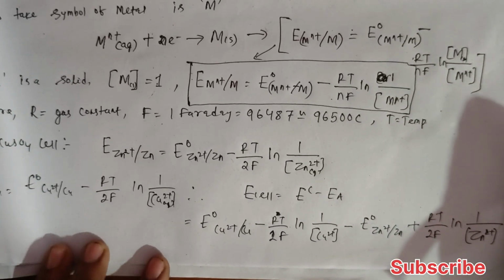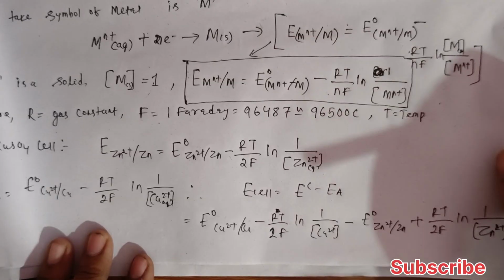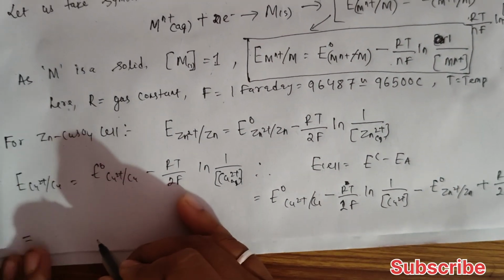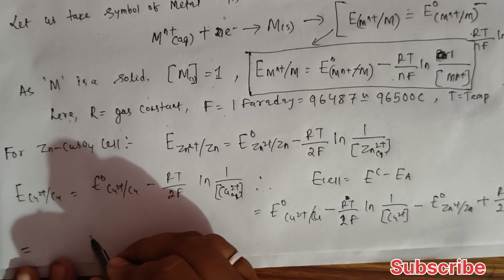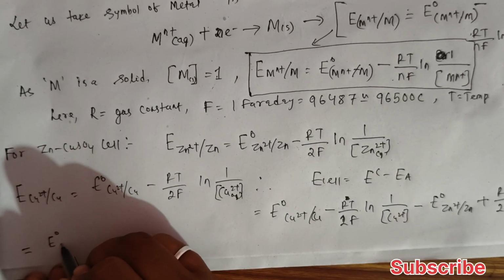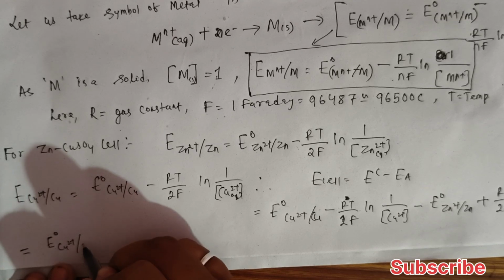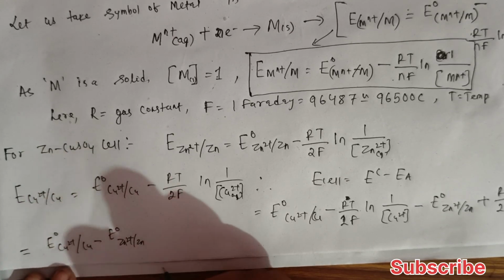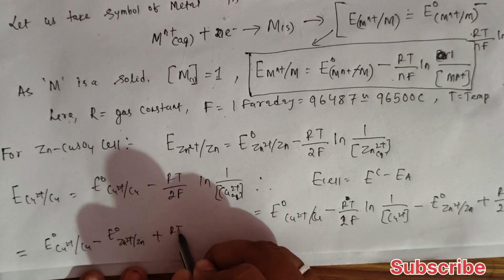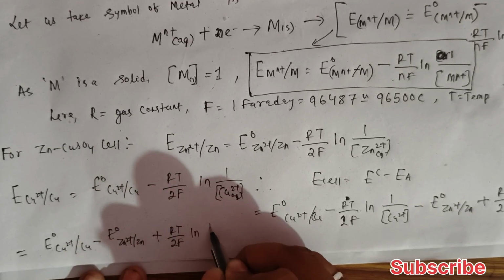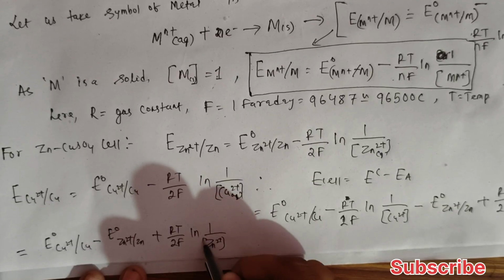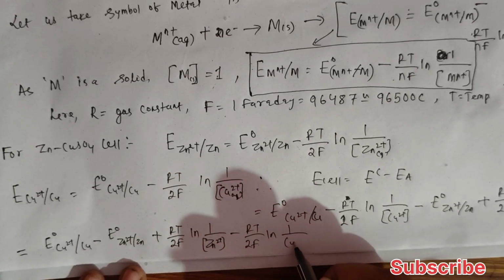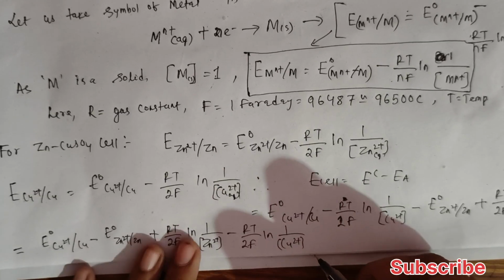If I take common terms, we get the formula: E naught Cu2+/Cu minus E naught Zn2+/Zn plus RT by 2F ln 1 by Zn2+ minus RT by 2F ln 1 by Cu2+.